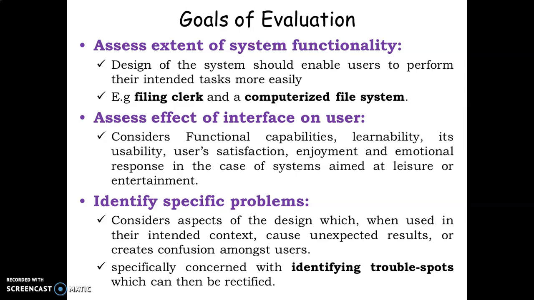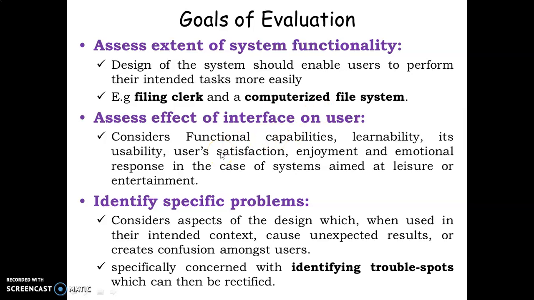It also involves matching the use of the system to the user's expectations of the task. For example, consider a filing clerk who is used to retrieving a customer's file by the postal address. The same capability, or at least a similar capability, is expected from a computerized file system.